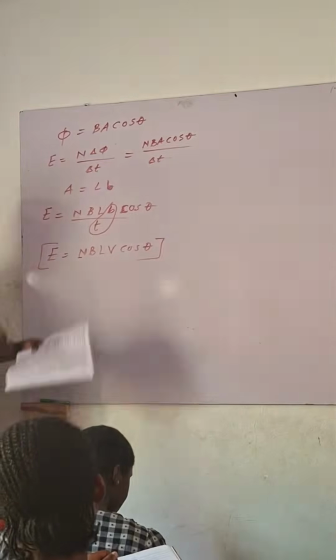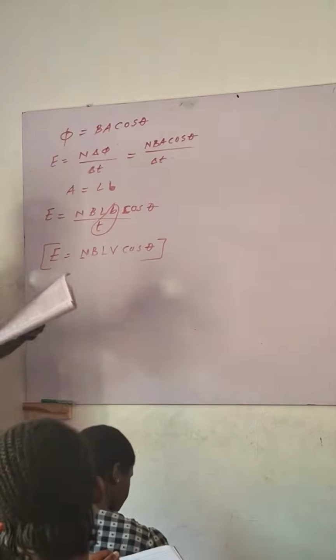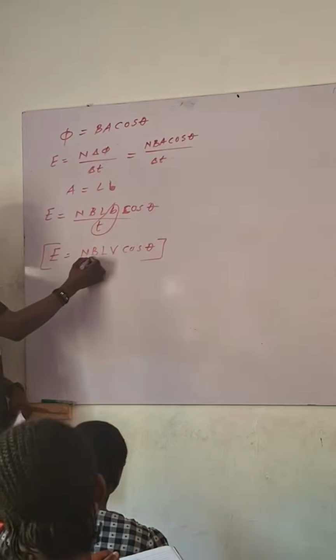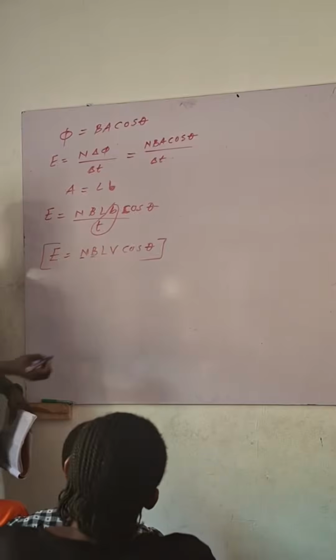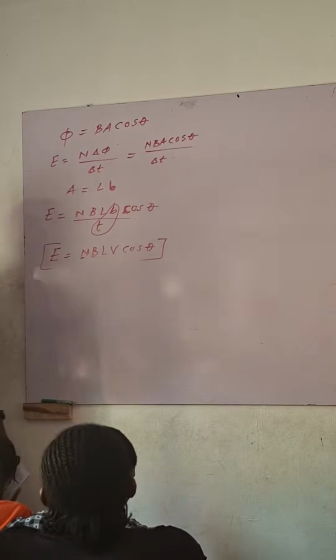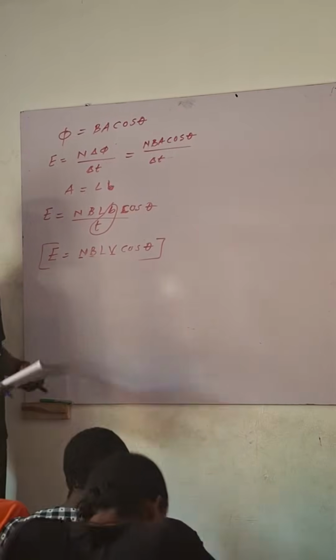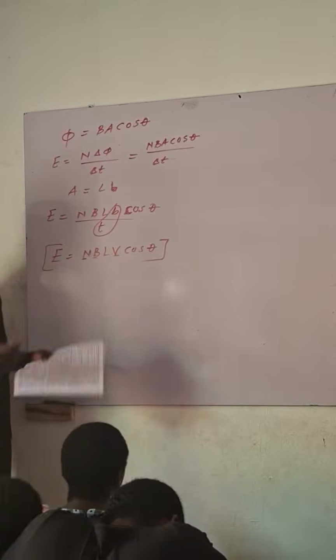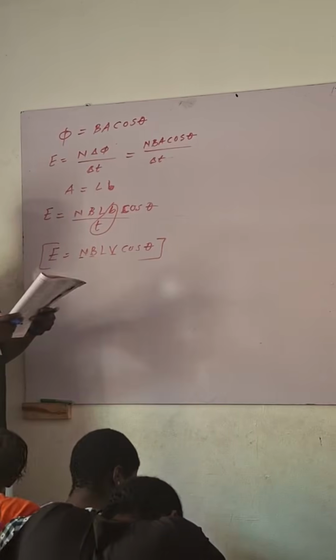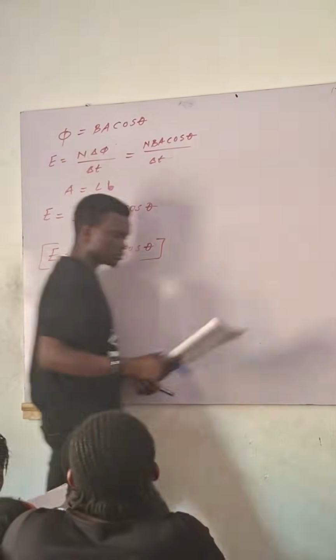So option A says number of turns of the coil, yes. Option B, the strength of the magnet, that's this one. Then C, the speed at which the magnet is being moved. That's velocity. Shortly, that's how you attack some questions. So the answer is D, all of the above. Number 2.